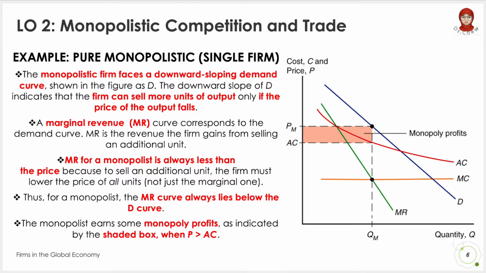Marginal revenue is the revenue the firm gains from selling an additional unit of output. Marginal revenue for a monopolist is always less than the price because to sell an additional unit, the firm must lower the price of all units, not just the marginal one. Therefore, for a monopolist, the marginal revenue curve always lies below the demand curve. The monopolist earns some monopoly profits, as indicated by the shaded box in red color, when price is larger than AC.